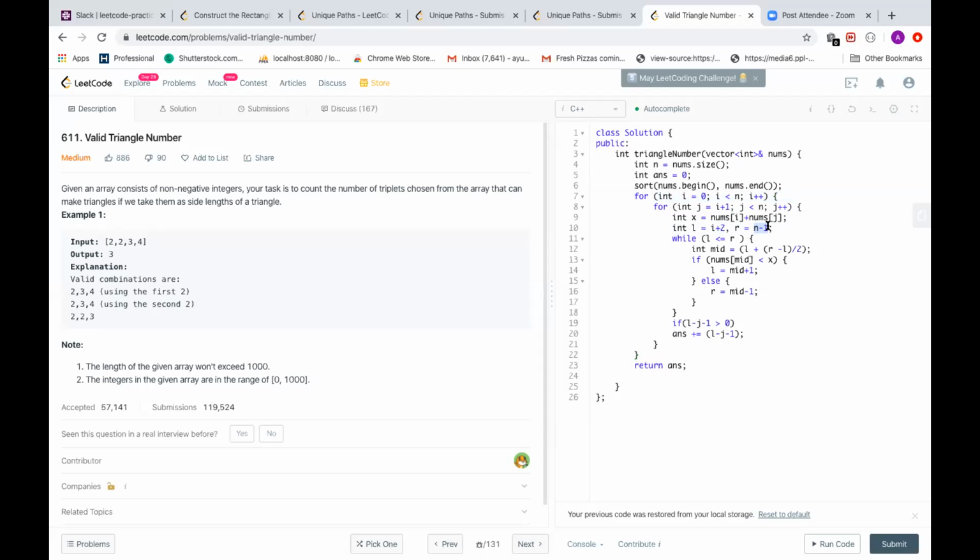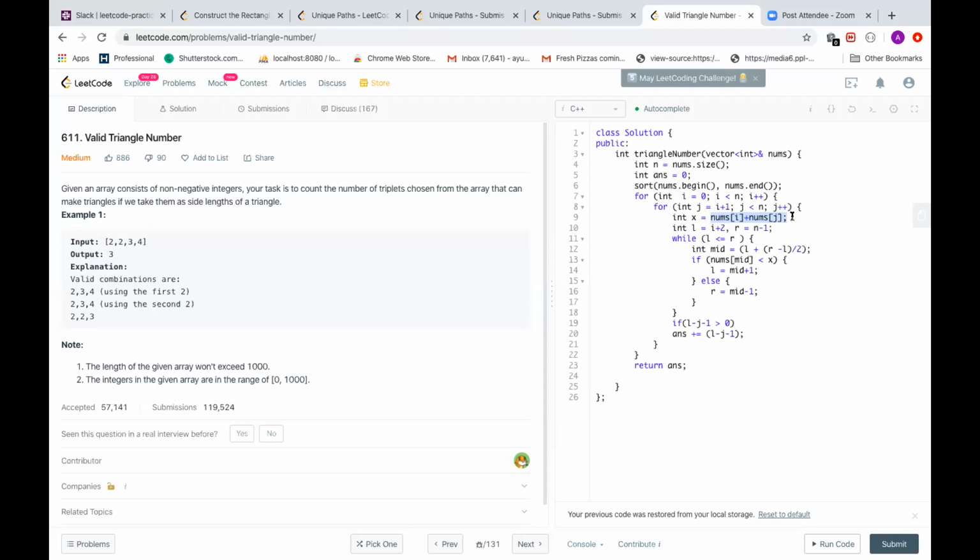So basically I took out the first index which will satisfy the condition of the triangle inequality. This is my sum, the value which was the sum of the two. Now I need to search for which it will be greater. I search for the third element with binary search.